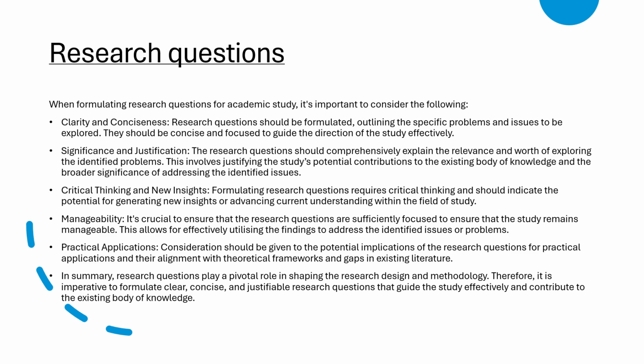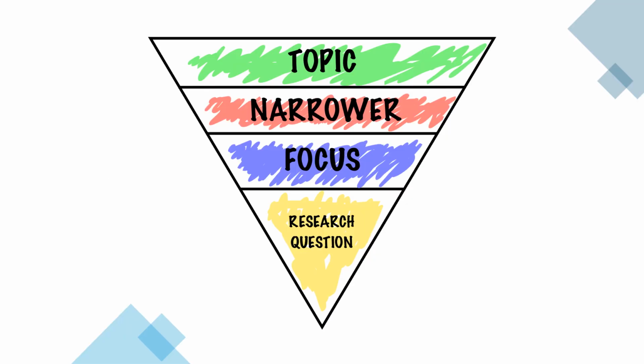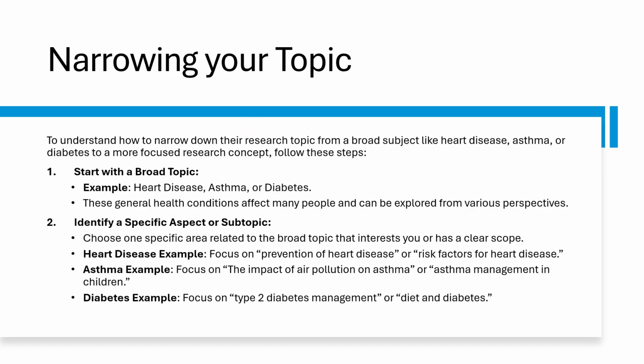Let's talk about how to narrow down the topic and how to search on a specific and focused topic. Why is narrowing down the topic important? Because you will be focusing on a specific research title.